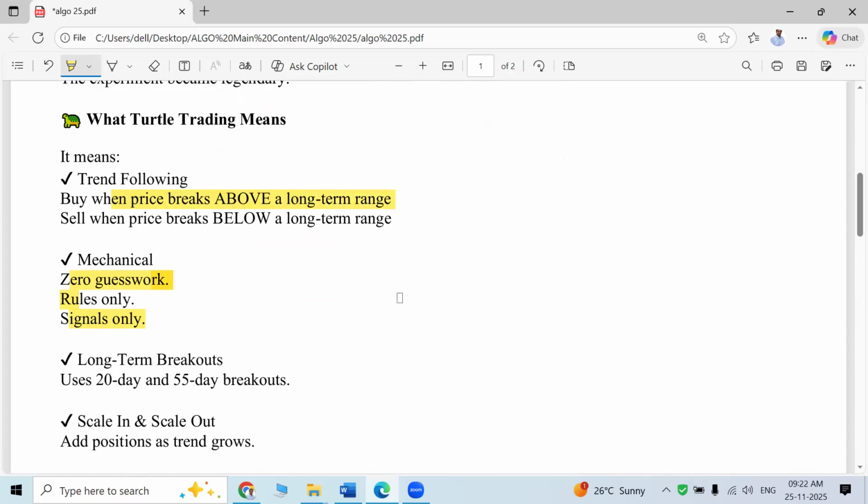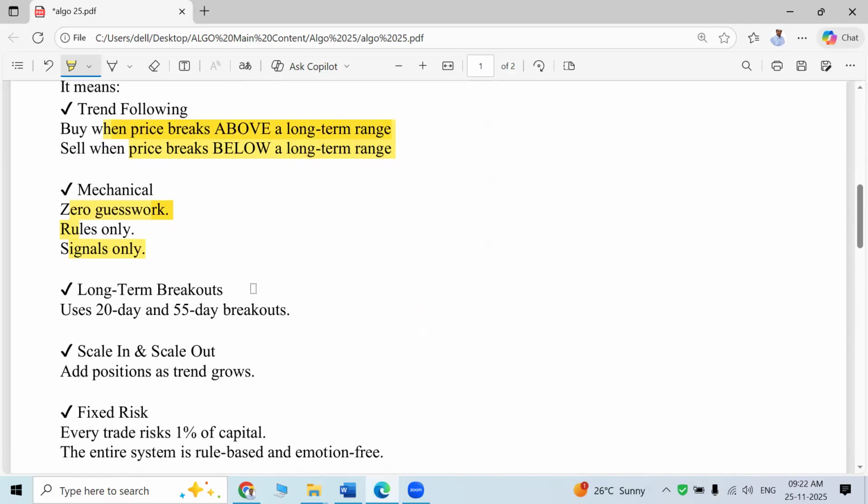If the price is below the value, they are going to trade as well. This is for the long and this is for the short. So they try to find out what the long-term range and the short-term range are, and only if that range breaks out are they going to trade.